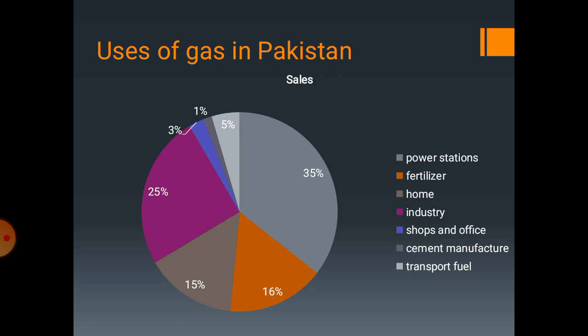In the making of fertilizer as a raw material, 16% of natural gas is used. In homes for cooking and heating, 15% is used. In industry, 25% of gas is used. Shops and offices use 3%. Cement manufacturing 1%, and as a transport fuel, its use is 5%.